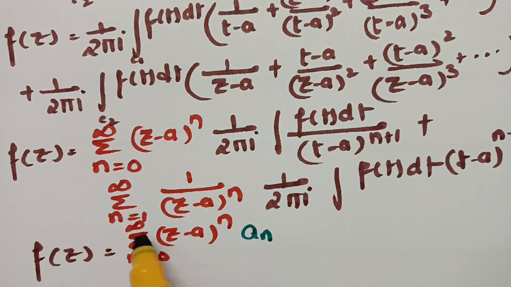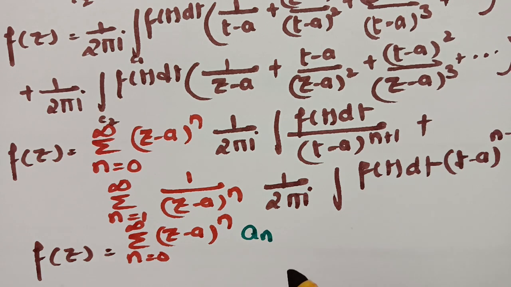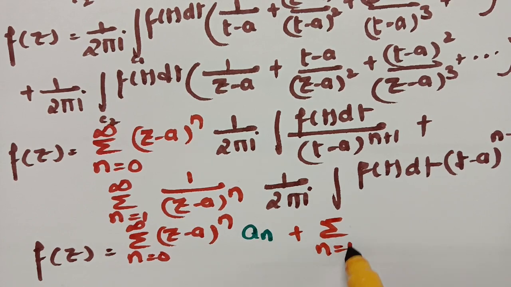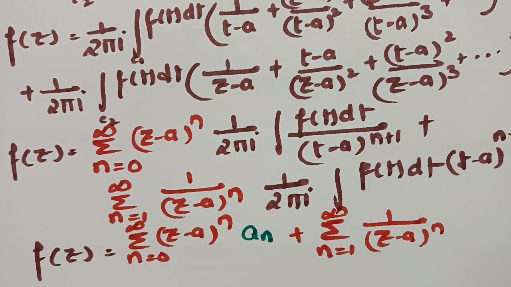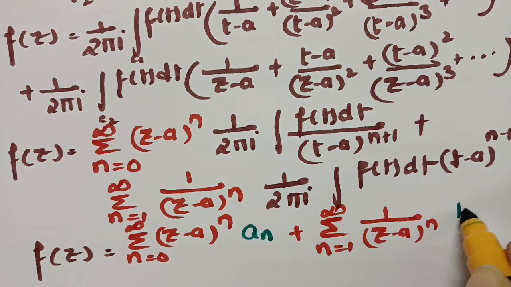Sigma n is equal to 0 to infinity an, and the next one I'm writing as sigma n is equal to 1 to infinity 1 by (z minus a) power n into this one I am writing as bn.